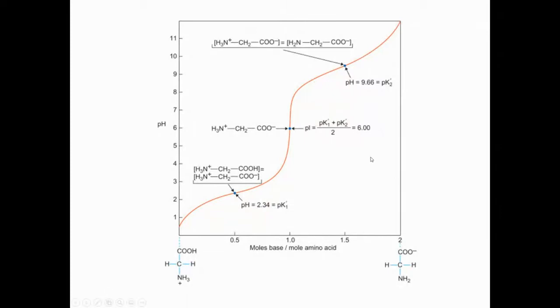And here, just to show you that at the physiological pH, the monoamino and monocarboxylic amino acids, like glycine and alanine, exist as zwitterions.